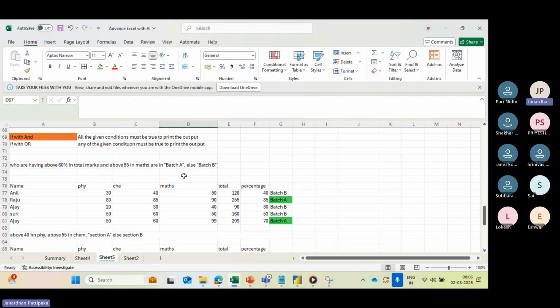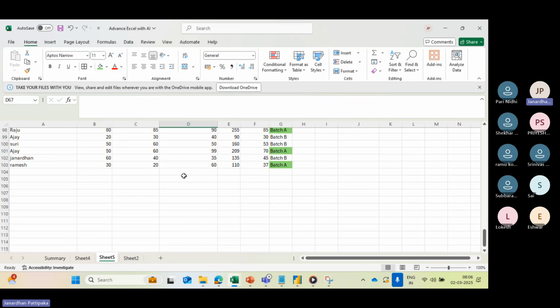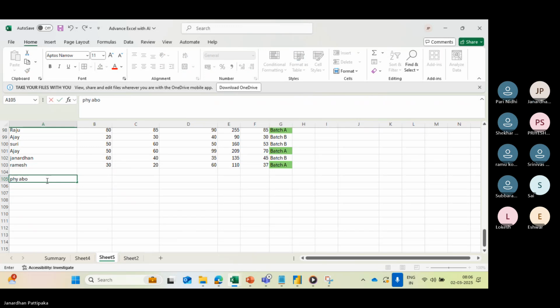Okay. Now along with this if AND OR concept, I will add another condition. So here now, for the percentage marks, physics you need to get above 40, comma, chemistry you need to get above 55.